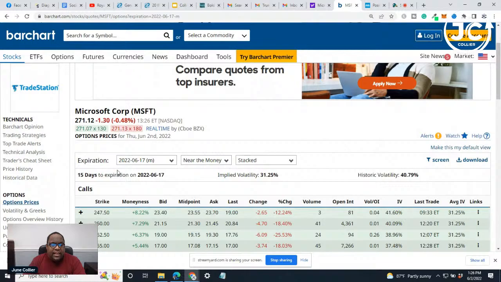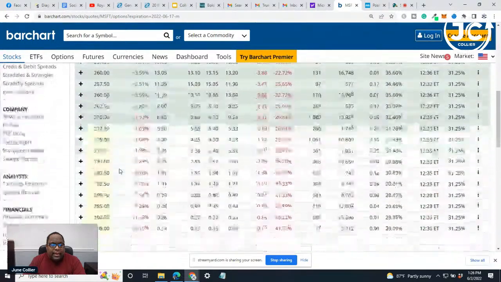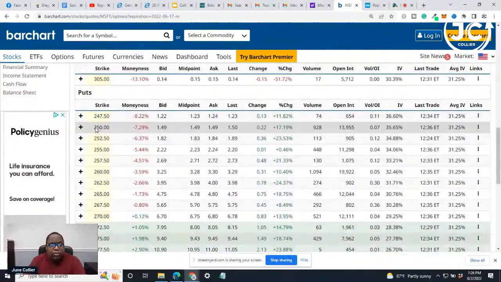That's the contract that I wrote. And I sold the put. I sold the 250 put. So right now we see that the bid is 1.49. The last person that bought this contract paid $1.50 for it. Okay, $1.50. Now, back when I sold it for $8 and some change.